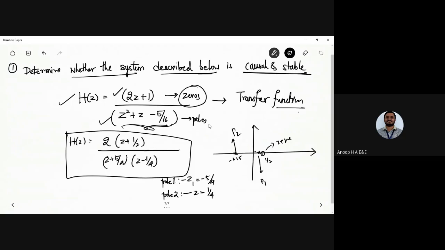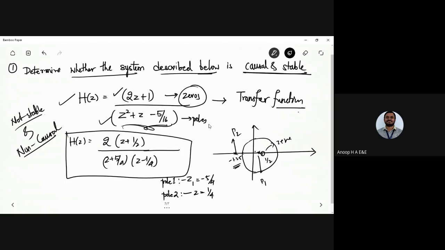Now I plot a unit circle, z equal to 1. This unit circle does not contain z equal to minus 1.25. That's the reason I can say this is not stable. So I call the system not stable and non-causal.